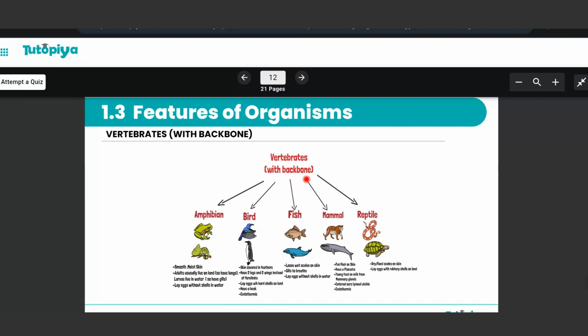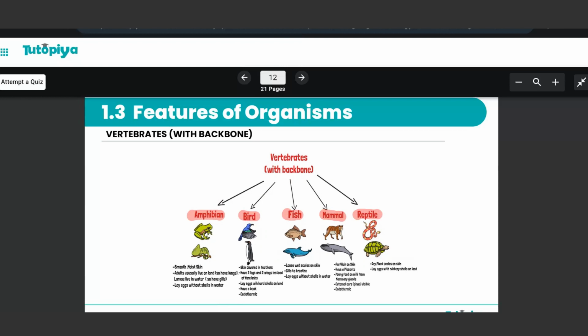And when we talk about vertebrate animals, there are actually 5 groups of vertebrates. What are these 5 groups? We have the fish, we have the amphibians, we have the reptiles and the birds and the mammals. So these are the 5 groups of vertebrate animals.